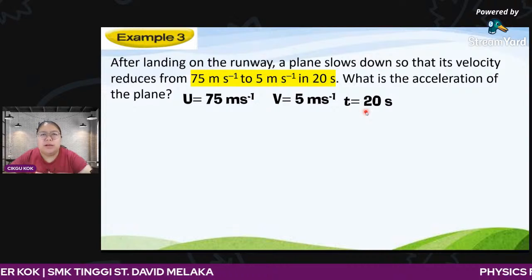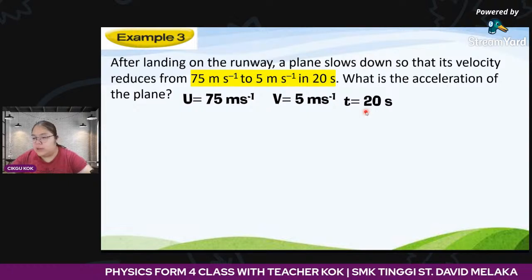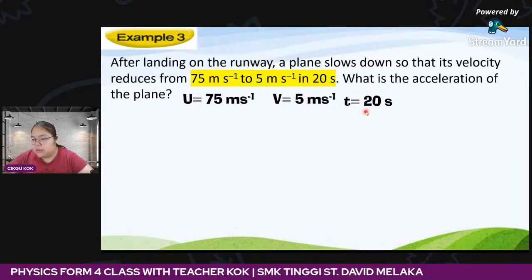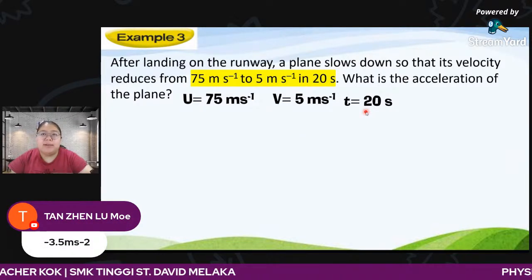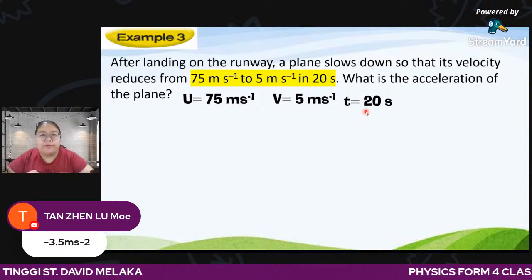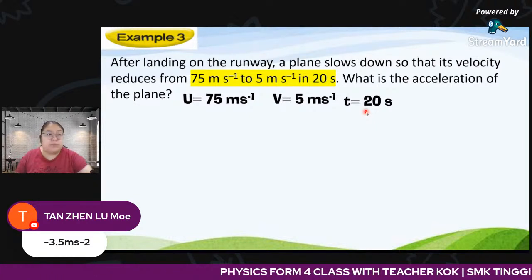Jia En, Si Liang. Jia En, repeat. Jia En, using the unit must be correct. Tan Chen Lu. Okay, we're going to pin the answer from Tan Chen Lu. Okay, Chen Ru shows me the answer is negative 3.5 m/s². So the unit must be correct.